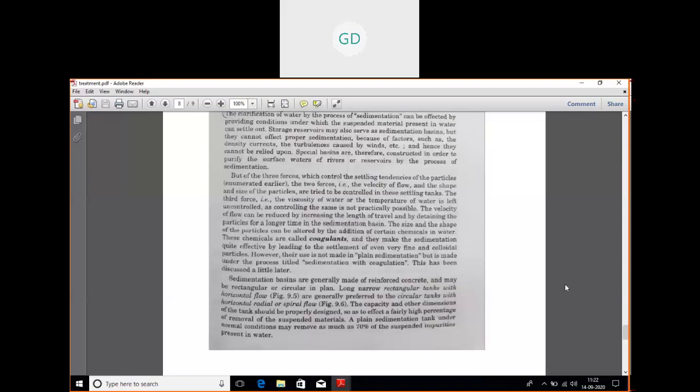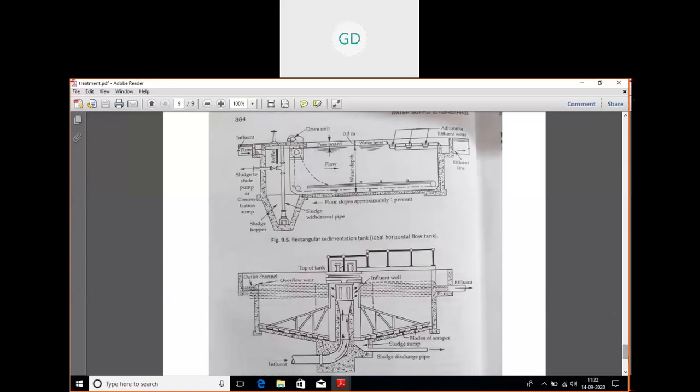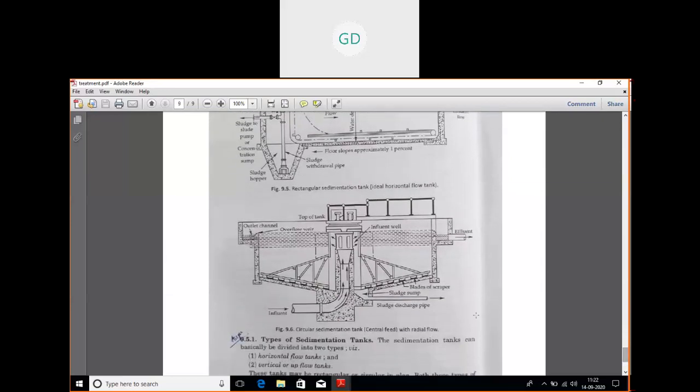Those particles settle down in a sedimentation tank. It looks like this. This is a rectangular sedimentation tank, and this is a circular sedimentation tank.